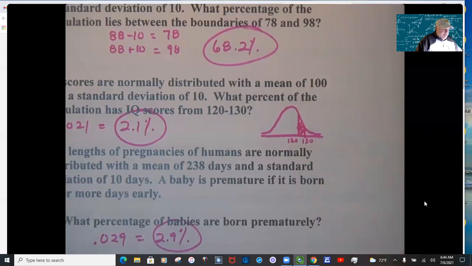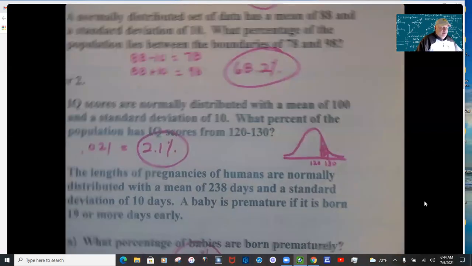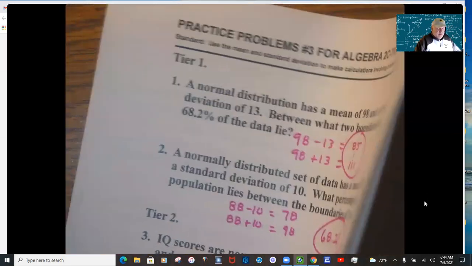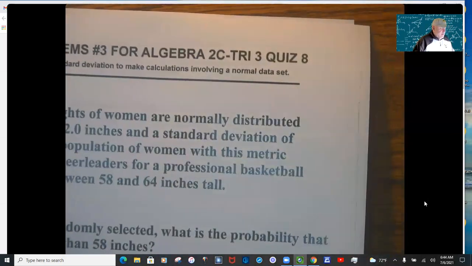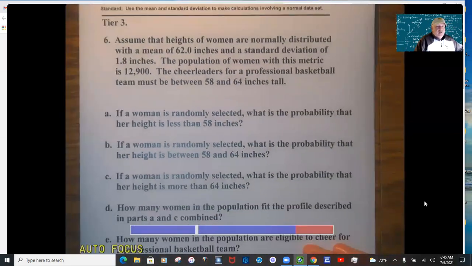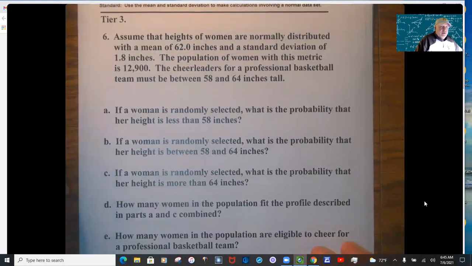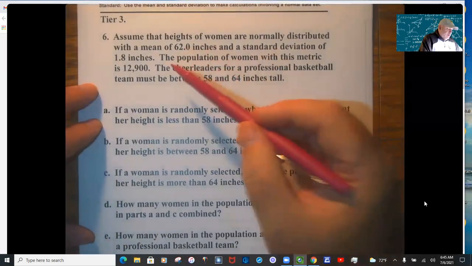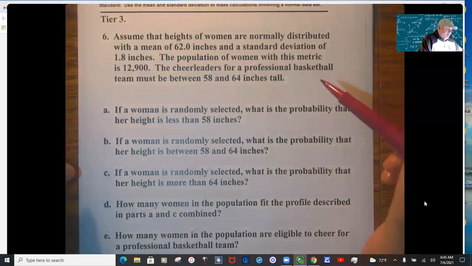Again, all you're doing, the bell curve, the area under that is 1 or 100%. So you're just taking a slice of that. That's what the calculator is figuring. It's a calculus thing that it's doing, but that's what your calculator is doing. Same thing here. Let me zoom out just a bit. You have 62 and 1.8 for the mean and standard deviation.